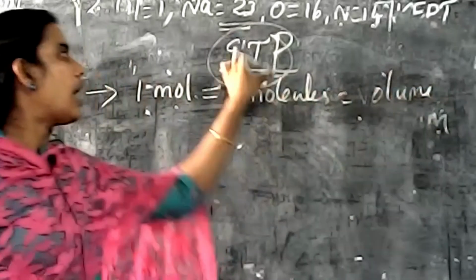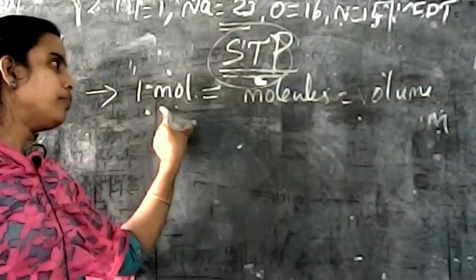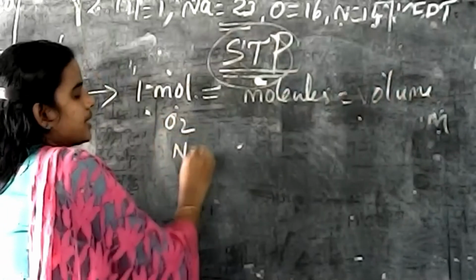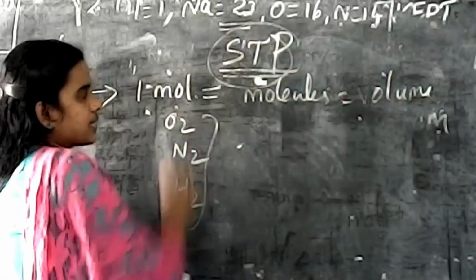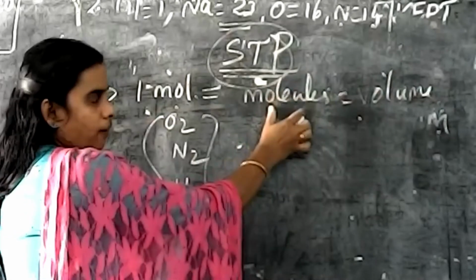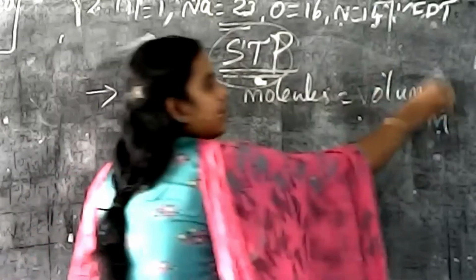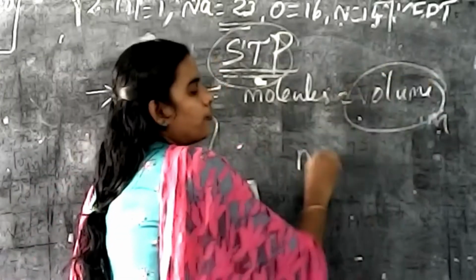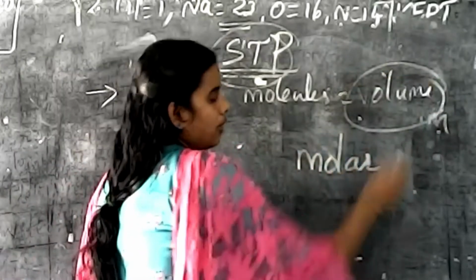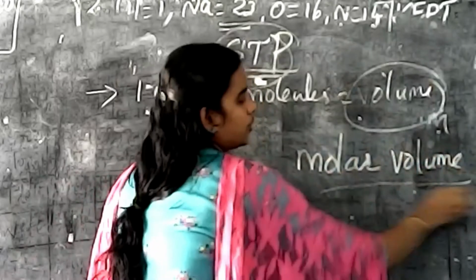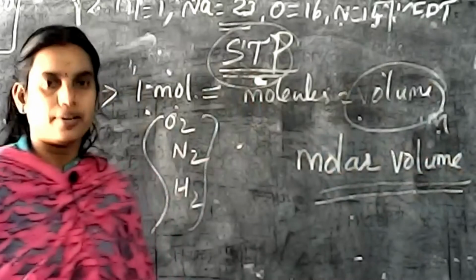Under this condition, 1 mole of any gas, such as oxygen, nitrogen, hydrogen, occupies an equal number of molecules and equal volume. This volume is known as molar volume. Don't forget this word, molar volume, very important. They will ask what is meant by molar volume.